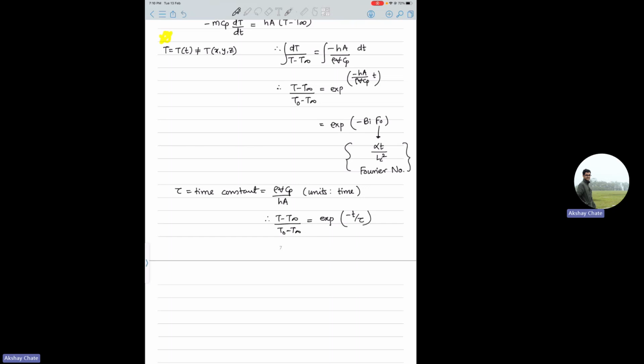And you should note that smaller tau represents faster steady state achievement.